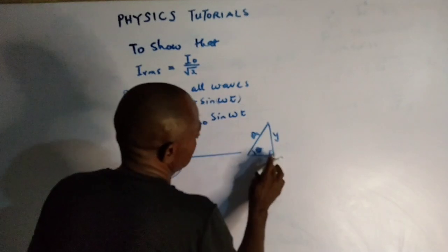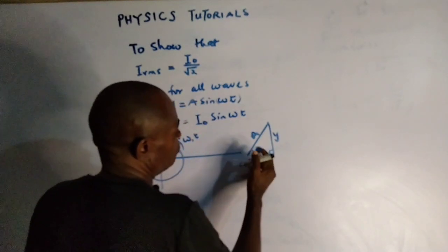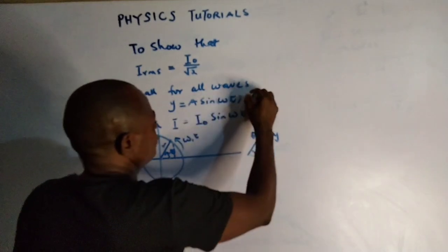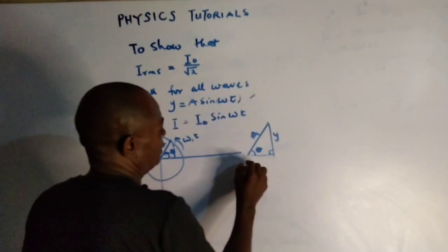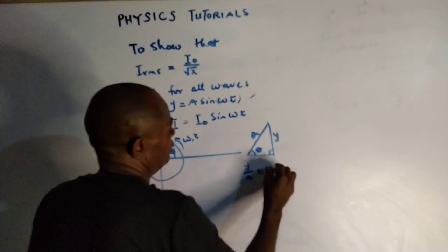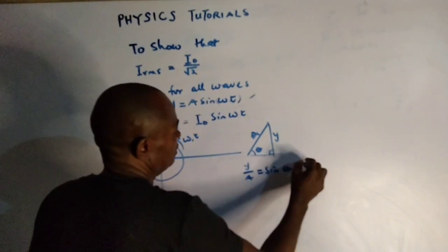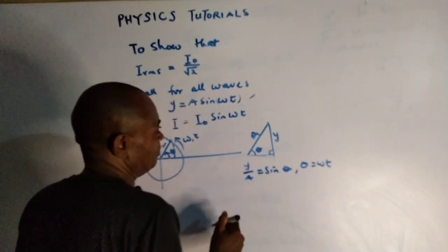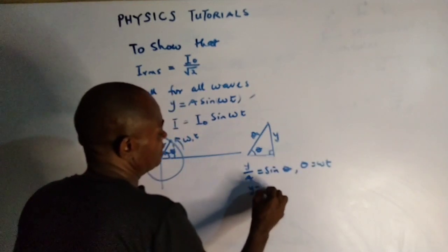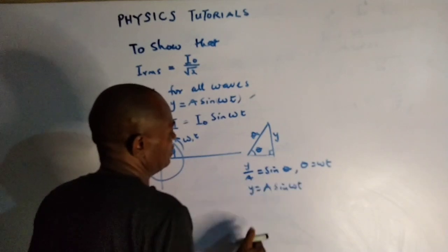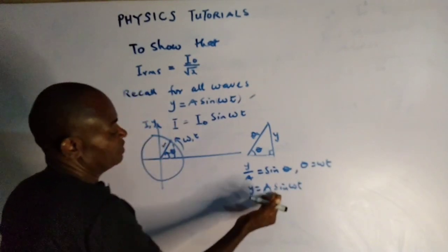Relating these parameters, y over amplitude is equal to sine theta, and theta is equal to omega times time. So y is equal to amplitude times sine omega t.